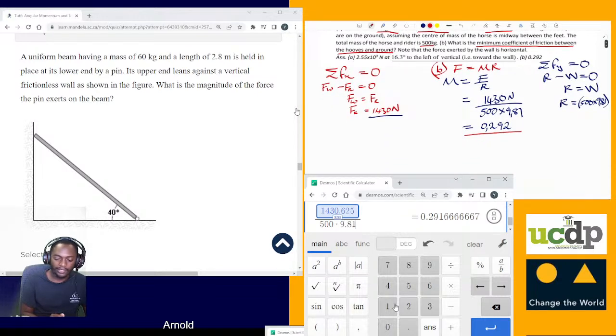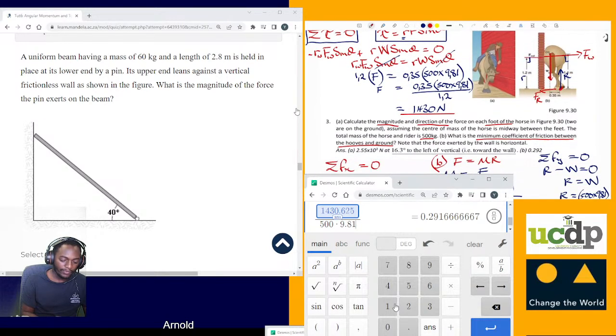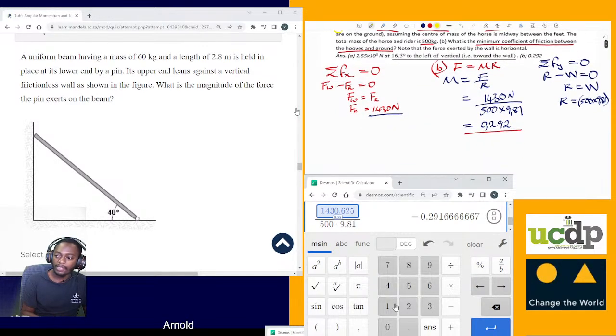So basically now you have your frictional force acting there, and you've got your reactional force acting at that point, which means we're going to have a resultant force there, which is what we are being asked to calculate in part A. Apologies, I skipped that by mistake. So basically we are looking for the magnitude.